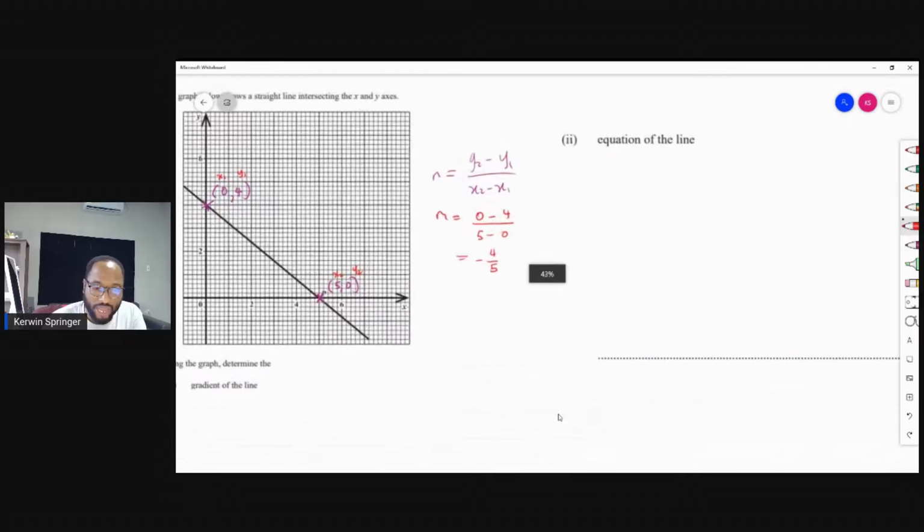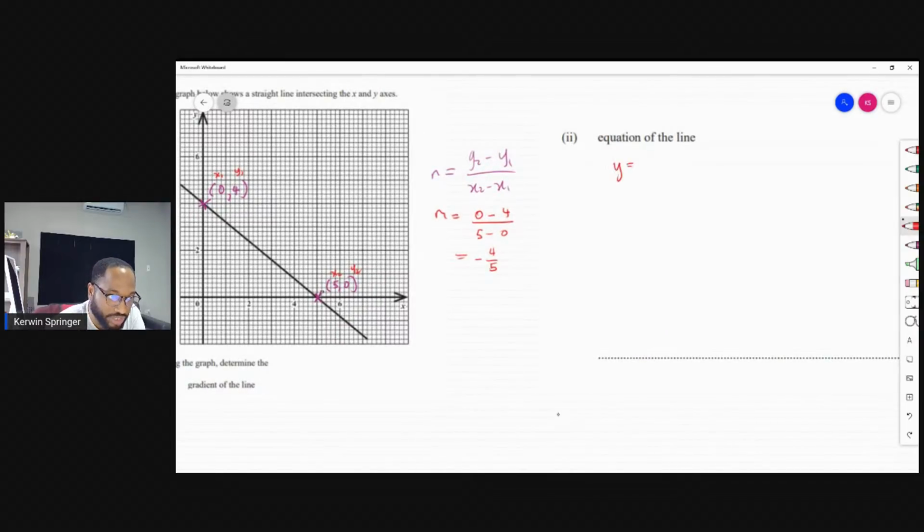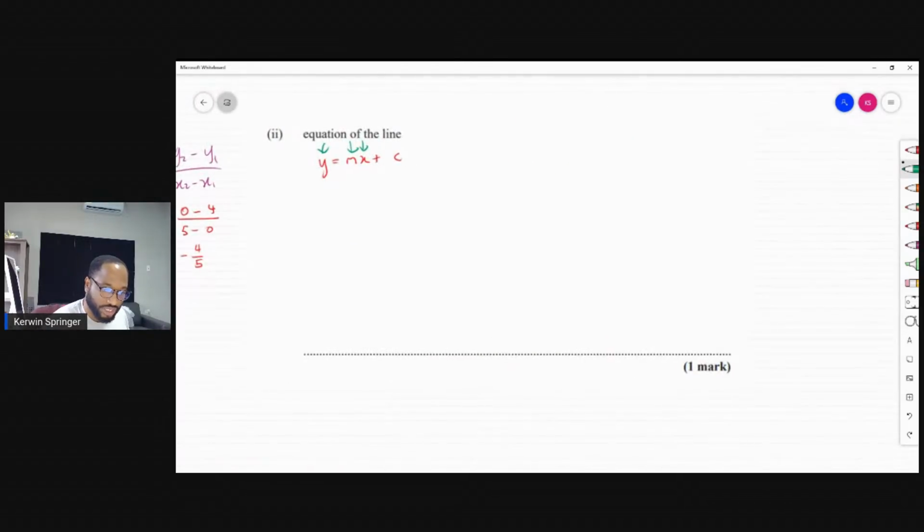You could use y equals mx plus c. This is one method. We know our y, we know our x, and we know the m, so you could substitute, find c, and then put it back. Or else use the big man approach. You could use this formula that I gave you all: y minus y1 is equal to m into x minus x1.